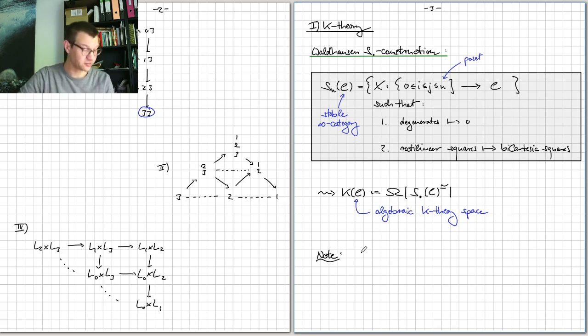This is based on the basic insight that if you look at the simplicial object and pass to Grothendieck groups level-wise, so you look at this S dot construction level-wise, then what you get is a simplicial abelian group. And what is this simplicial abelian group? It is actually an Eilenberg-MacLane space, or a simplicial model for it, of the abelian group which is just the Grothendieck group of the category C itself, in dimension 1.